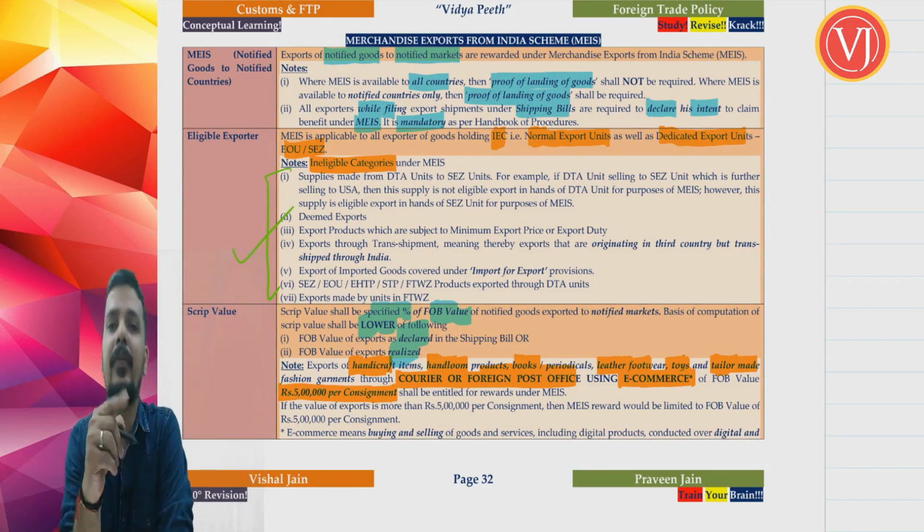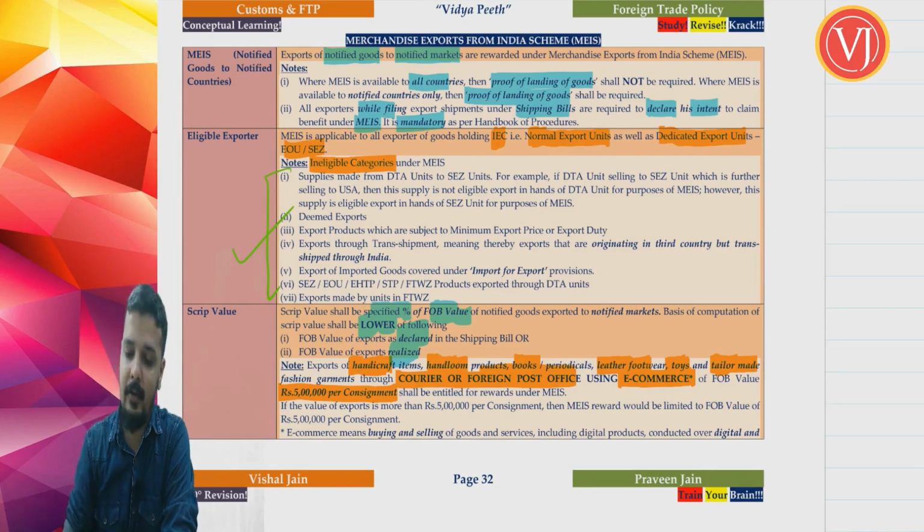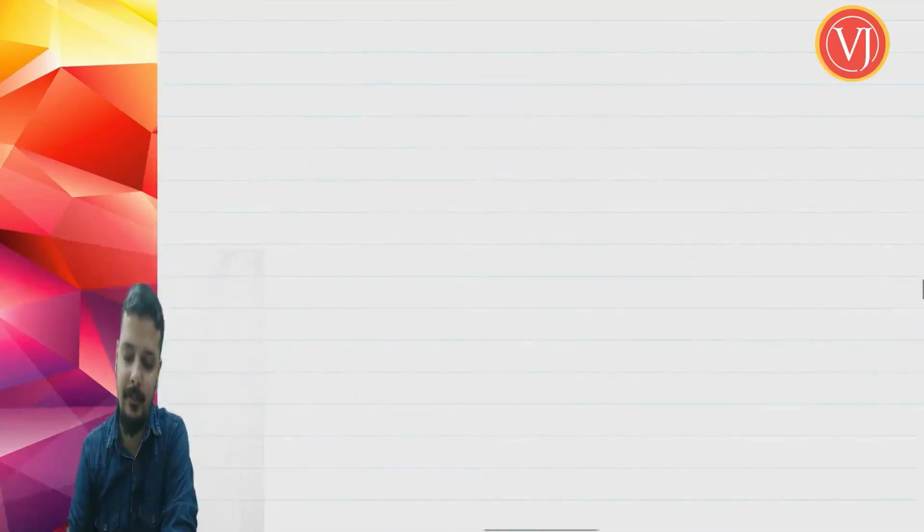Friends, you will be confused with this 5 lakh per consignment because we have already discussed. Friends, understand that if you are exporting through courier, actually you cannot export more than 5 lakhs. If you are exporting through post, you can export more than 5 lakhs, but what will be considered for MEIS script is only 5 lakhs.